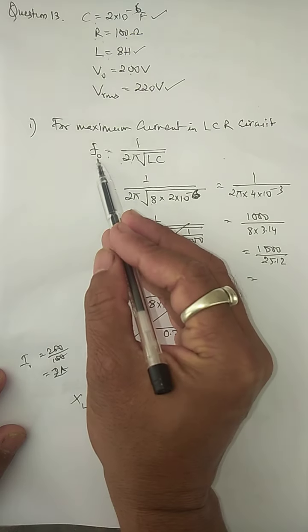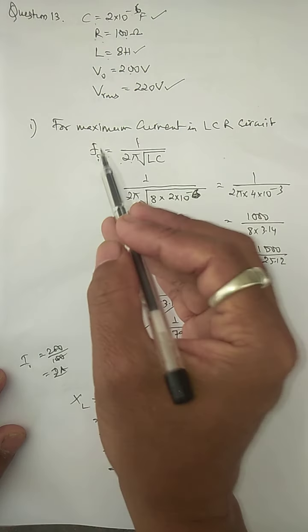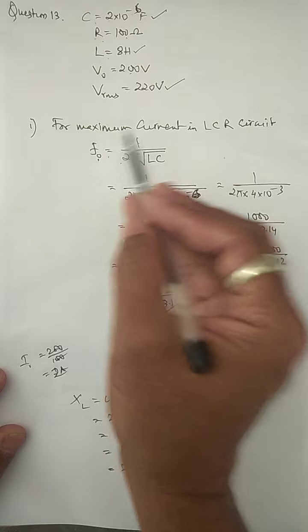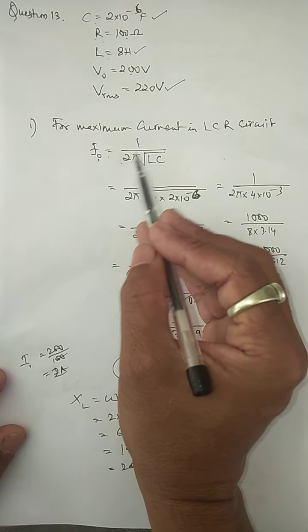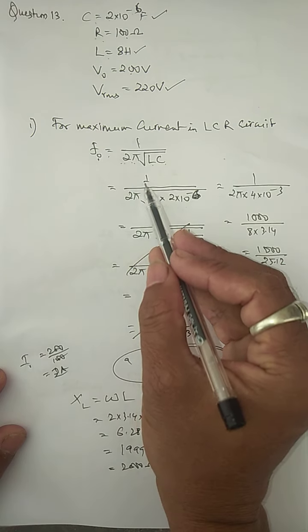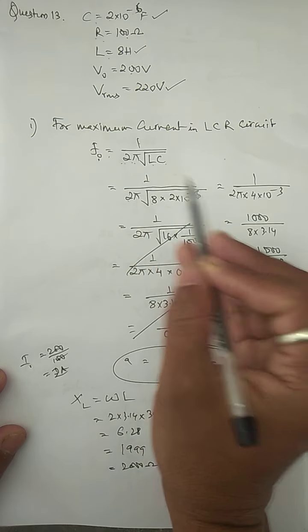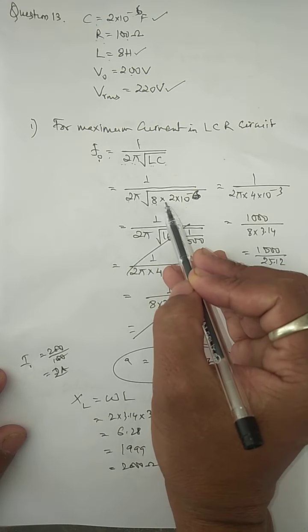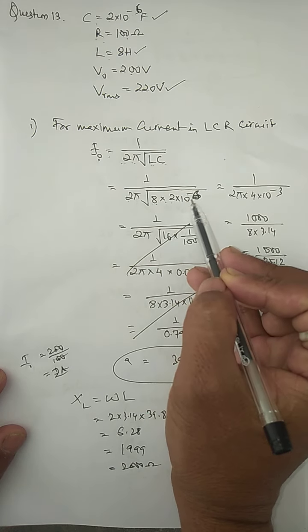So that is the formula of resonant frequency that we are supposed to calculate for maximum current in an LCR circuit, that is 1 by 2 pi square root of LC. So we can substitute the values: 1 by 2 pi square root of L, 8 Henry, into capacitance 2 into 10 to the minus 6.